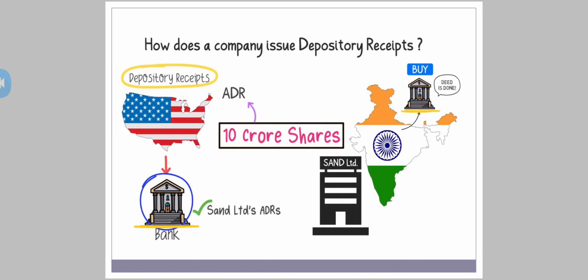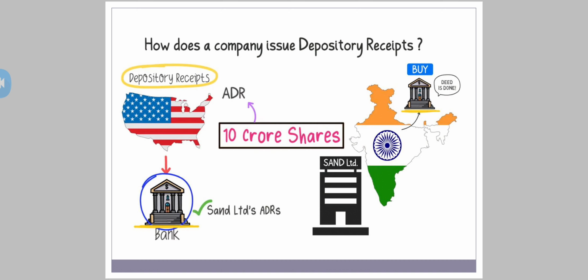Now see, how does a company issue depository receipts? Here, this company Sand Limited wants to raise foreign capital for the purpose of expansion. The Indian company will give those shares to the bank. The bank will buy the shares of the Indian company. Keep this point in mind: the bank will be a foreign bank.